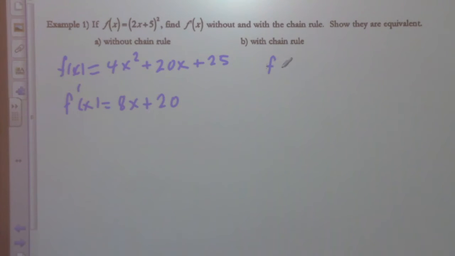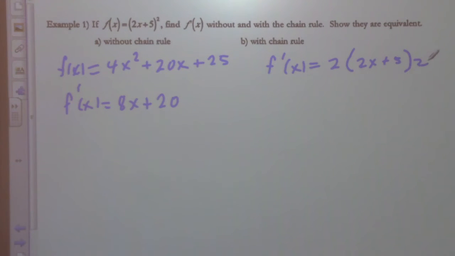If we have f prime of x is going to be equal to 2, we have 2x plus 5 to the power of 1, and times the derivative of the inside, which is, what's our derivative of the inside? 2.